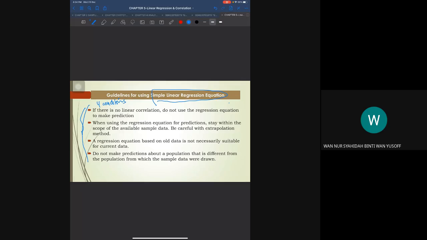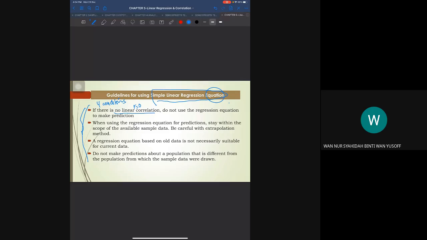The first one: if there is no linear correlation, meaning when r equals 0, do not use the regression equation to make a prediction. When r equals 0, there is no use for us to form an equation.